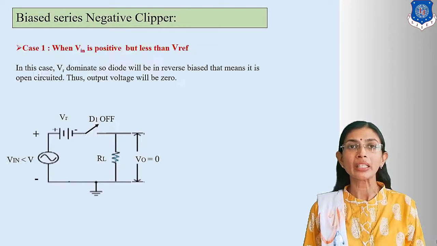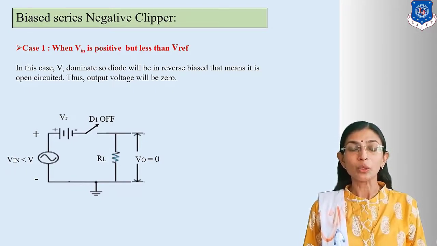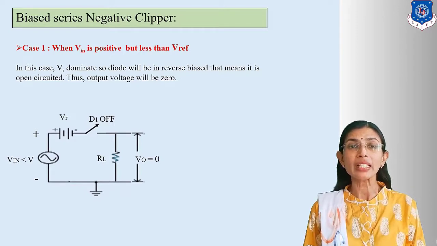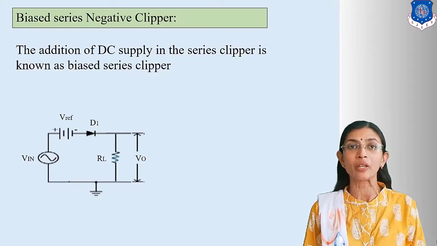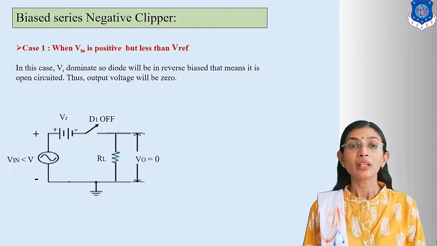So case 1 is V input positive but less than V reference. If it is less than V reference, then V reference plays the dominating role. That means V reference is effective, so the negative terminal of the battery is connected with the diode's P-type material, the anode. So D1 is off, that means D1 is reverse biased.